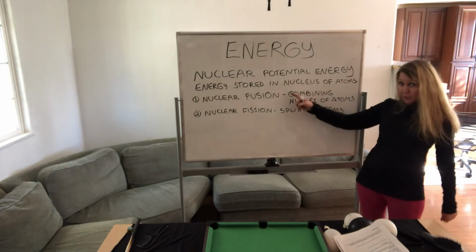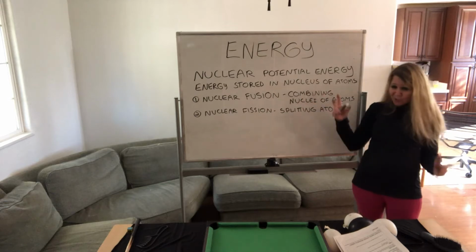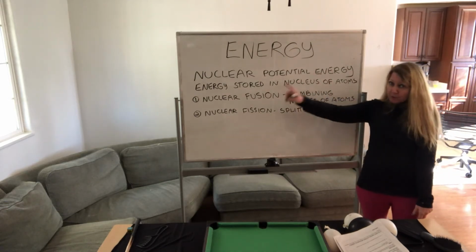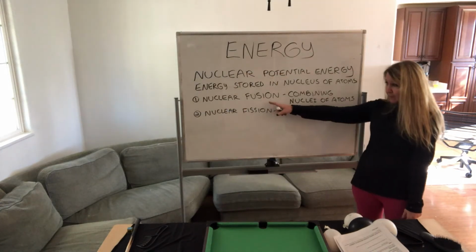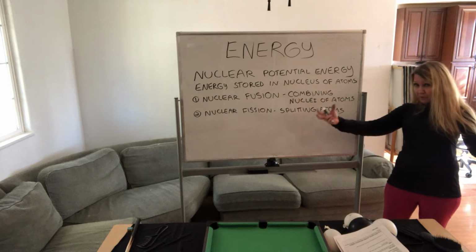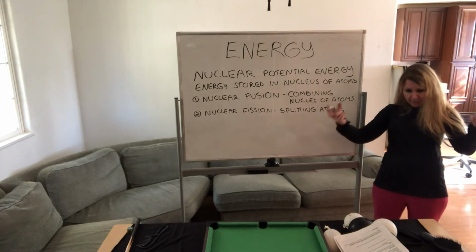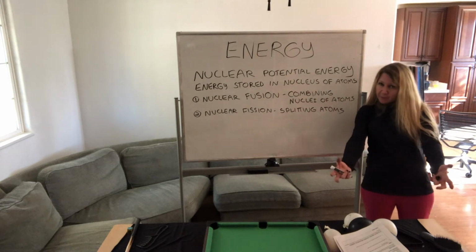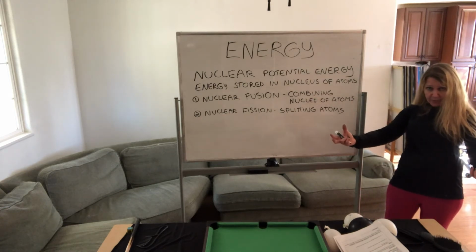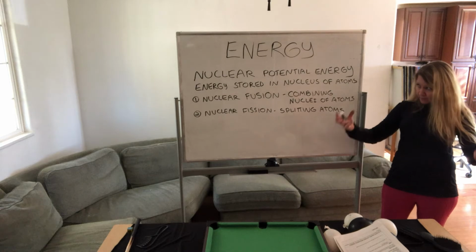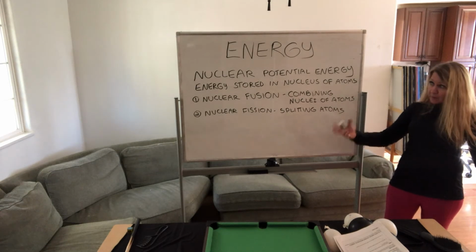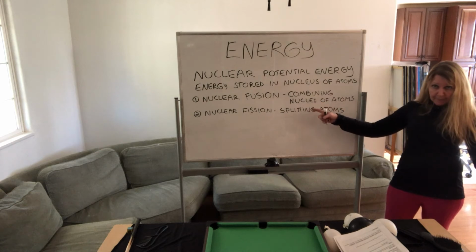Two main types: nuclear fusion, combining the nucleus of one atom with the nucleus of another atom. Just like we looked at helium-3 with deuterium, which is the isotope of hydrogen. So hydrogen, helium-3, producing normal hydrogen, normal helium. That's an example of nuclear fusion.